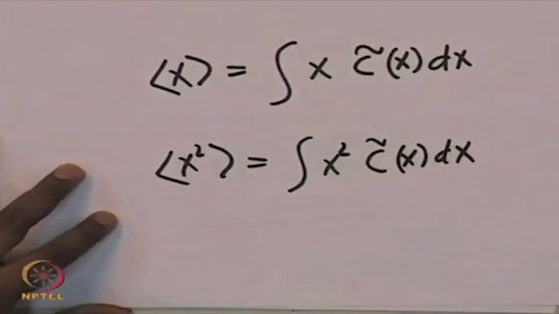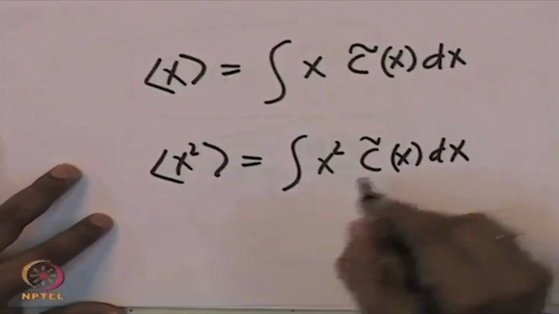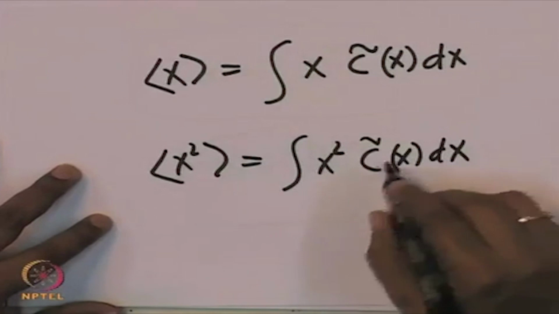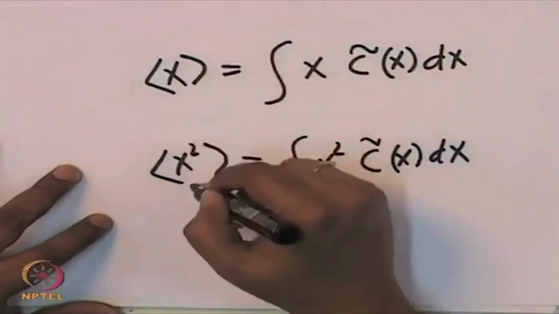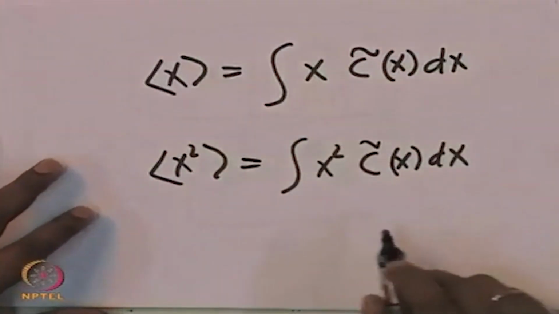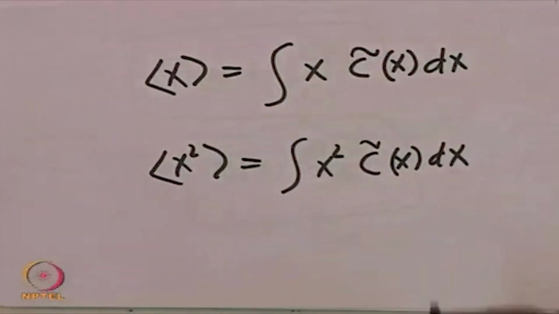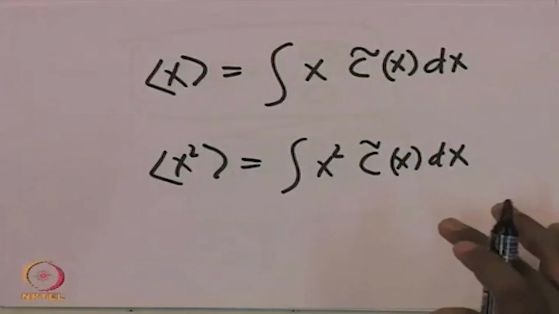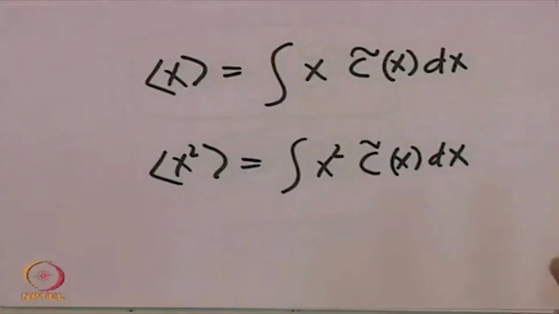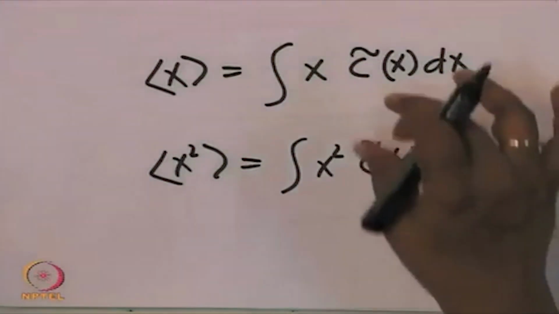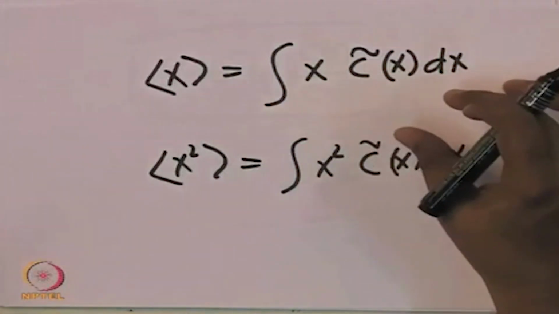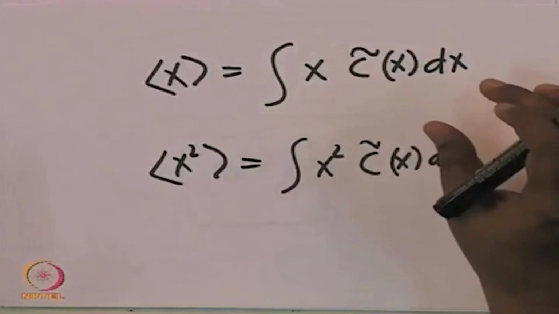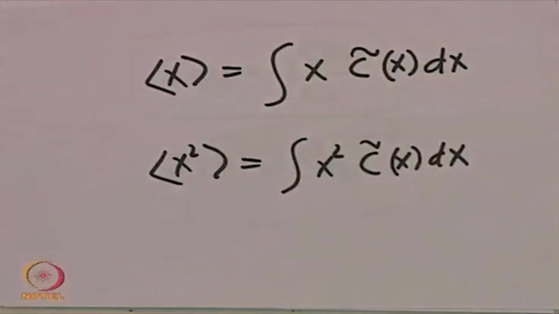If you go back to the lecture where we discussed diffusion, we had defined x average and x square average in this particular way. The reason for defining this is, as we understand in today's lecture, if you have a distribution, C of x or C tilde of x was the probability distribution for concentration.